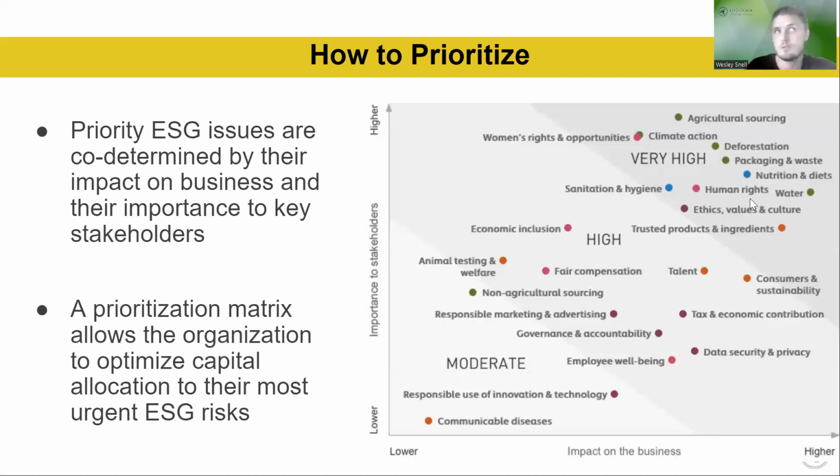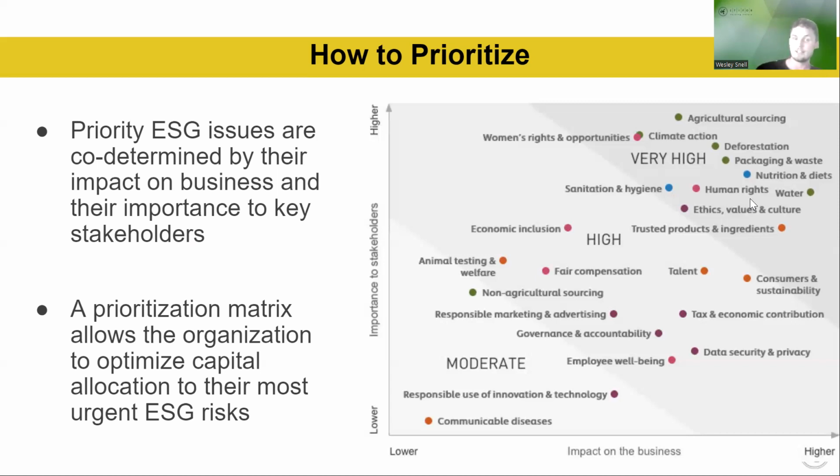And those risks, there are different ways to assess them, different types of transmission channels. Does it create raw material price volatility, supply chain disruptions, reputational risk, reliability risk, et cetera? And that is how the company evaluates for themselves, how do these different issues impact our business?